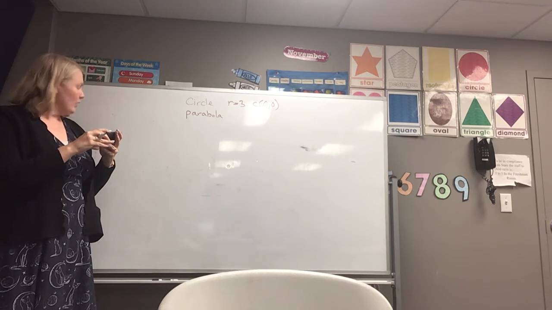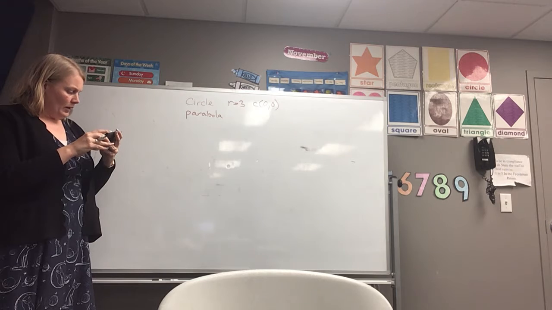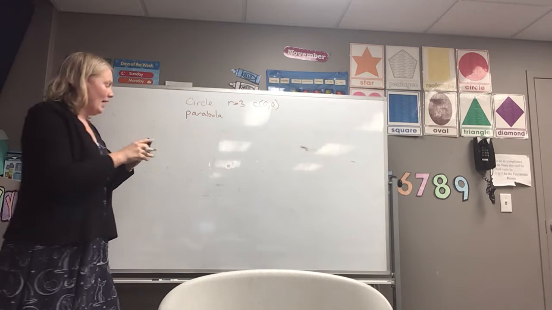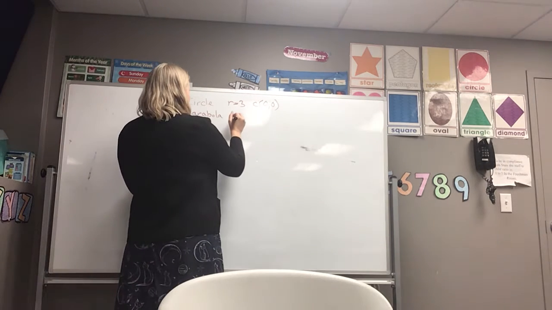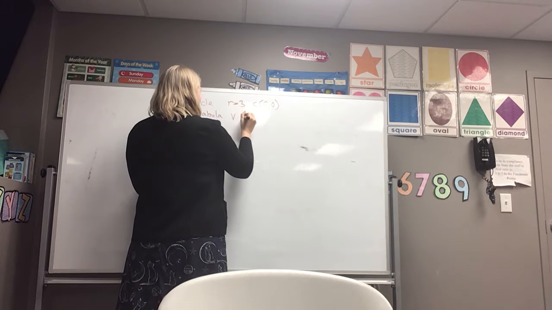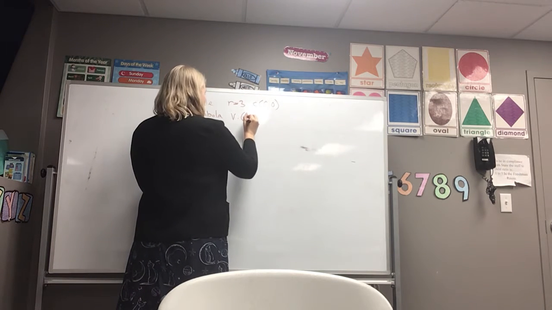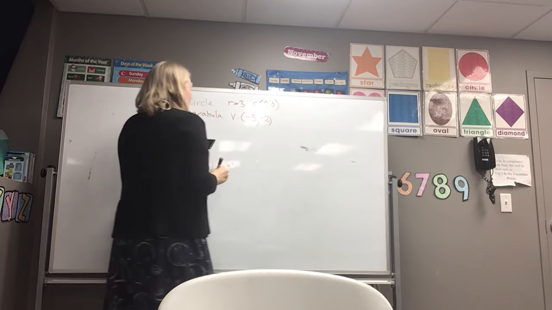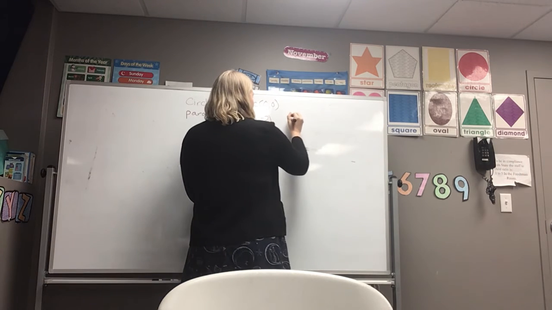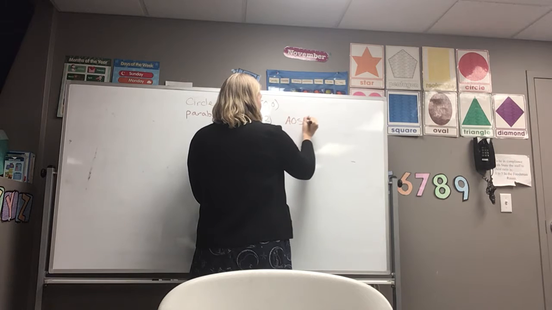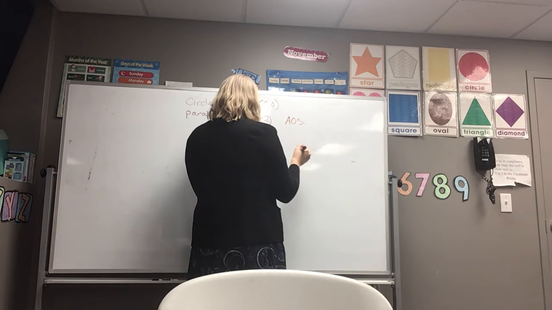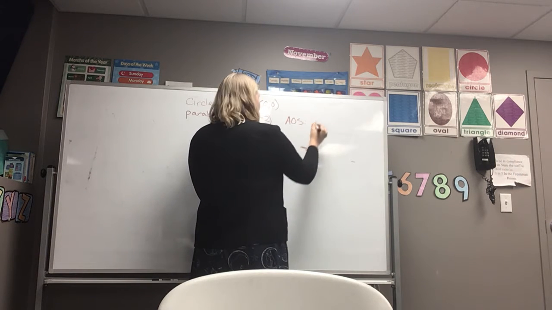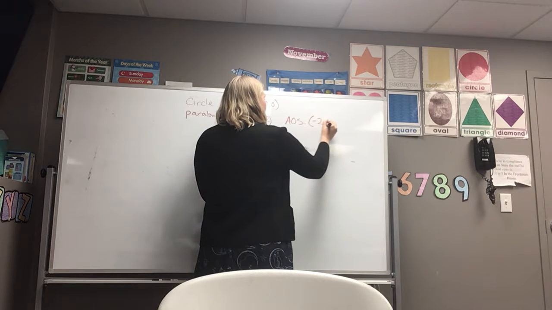Oh, this is the parabola. I thought this was an ellipse. Oh well, we'll just go with it. The parabola has a vertex at -3, -2, and the vertical axis of symmetry passes through -2, -1.